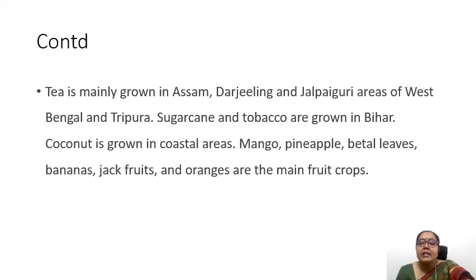Tea is mainly grown in Assam, the Darjeeling and Jalpaiguri areas of West Bengal, and Tripura. Sugarcane and tobacco are grown in Bihar. Coconut is grown in the coastal areas. Mango, pineapple, betel leaves, bananas, jackfruits and oranges are the main fruit crops.